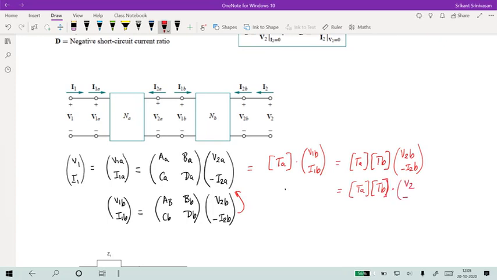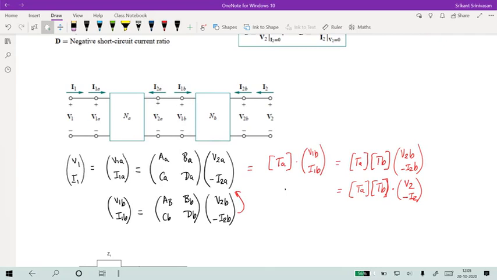V2 and minus I2. So the bottom line is, when you chain networks together, this is called chaining. The output of one port is now connected as the input to the input port of the second network.